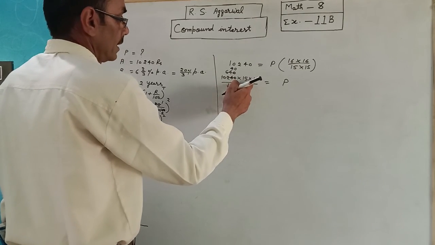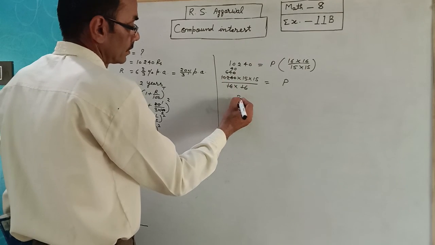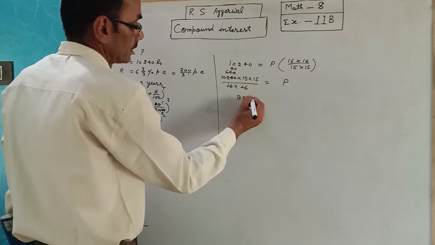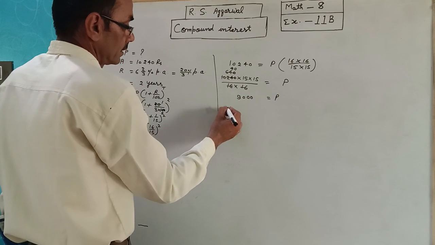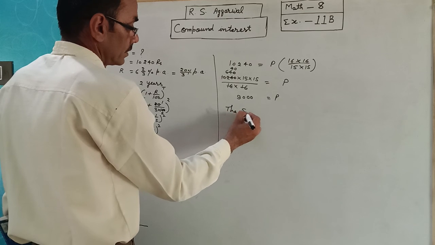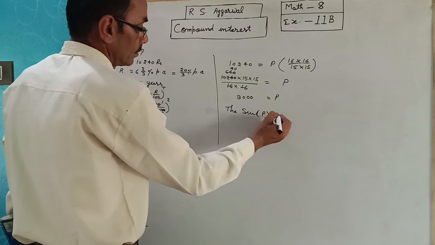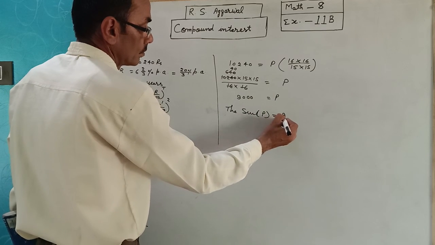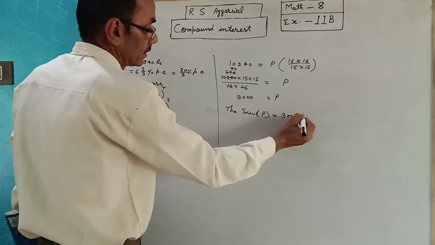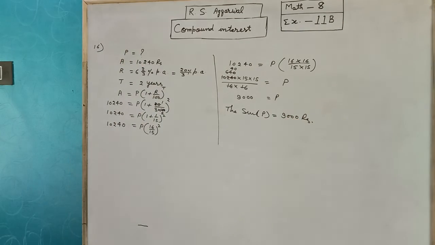After multiply 15 225 into 4 is 9,000. The sum principal is equal to 9,000 rupees. Question number 16 is complete. Thank you.